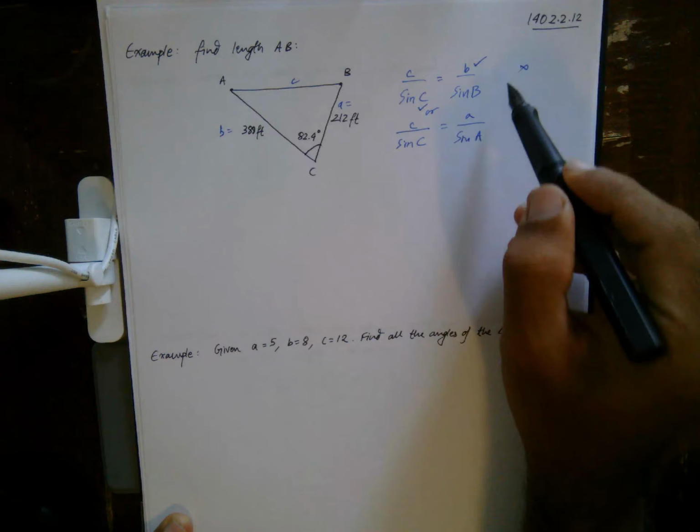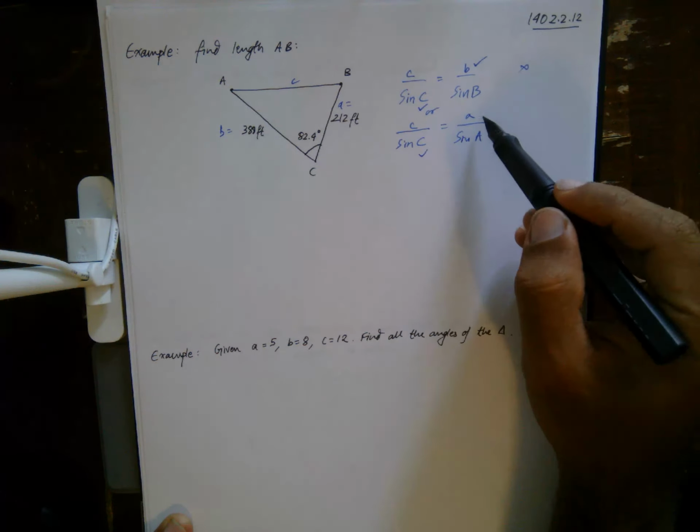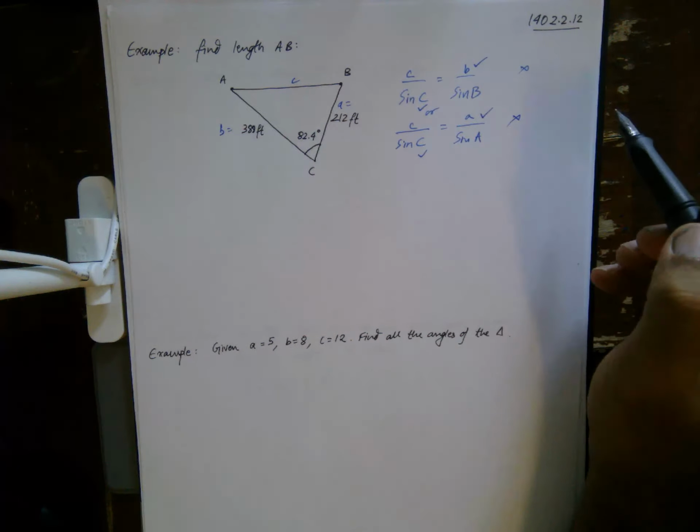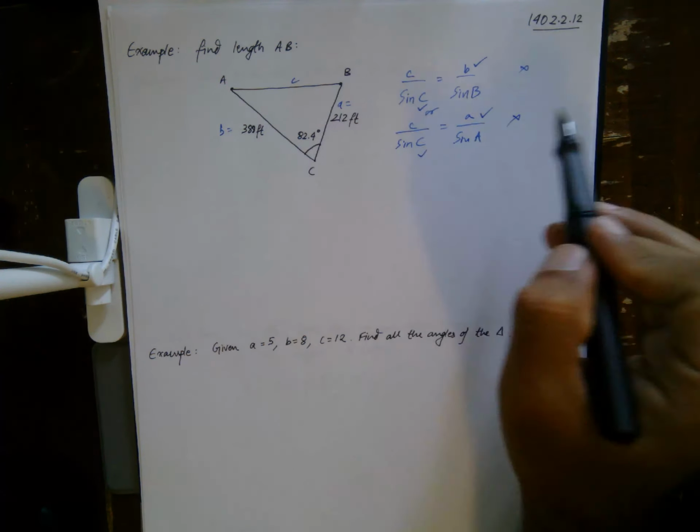Not possible, because 2 unknowns. Over here again, I know angle C, I know a, and again, not possible. And that's because knowing one angle tells me nothing about the other 2 angles.